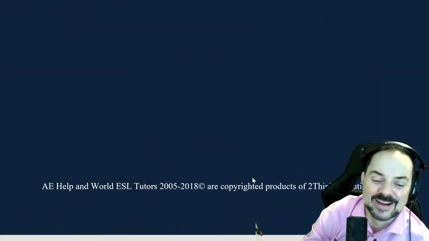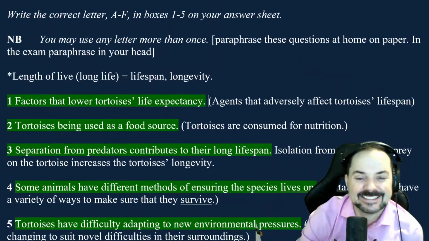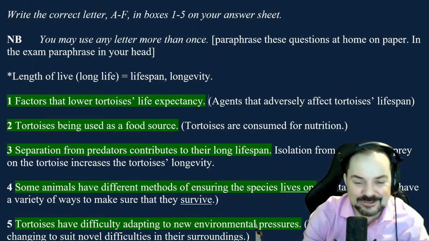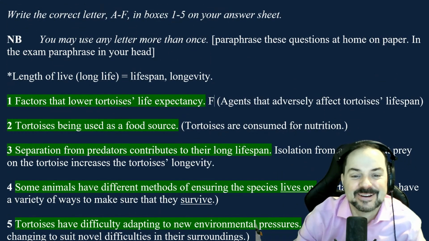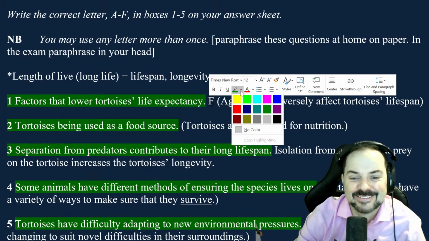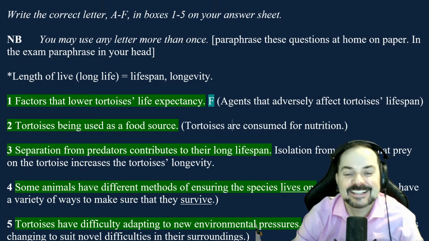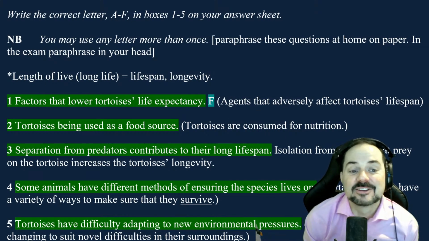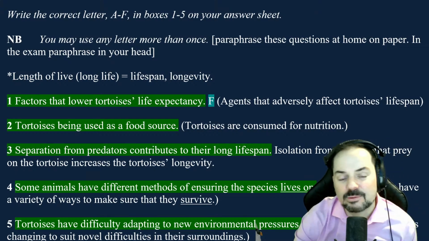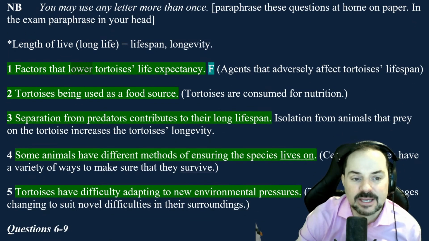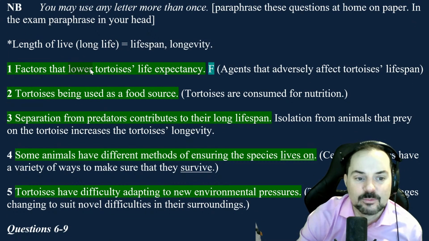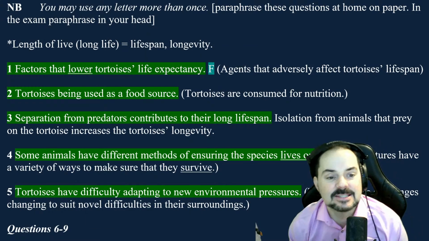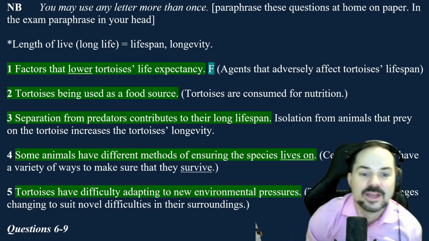Go ahead. Which paragraph do you think it is? The last paragraph. Absolutely. We just read it, right? So paragraph F. I was thinking of the reasons of their longevity. Yeah, no, it's factors that lower. It's a good point, Zoraida. We really have to pay attention to these qualifying words like lower, right? Lower. Humans, rats, right? Predators, chemicals, pollution.